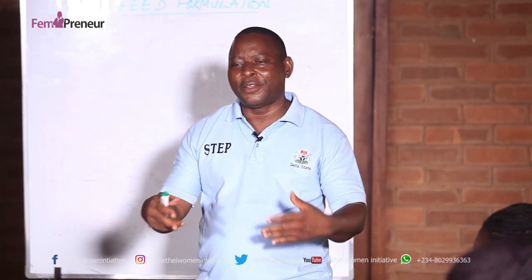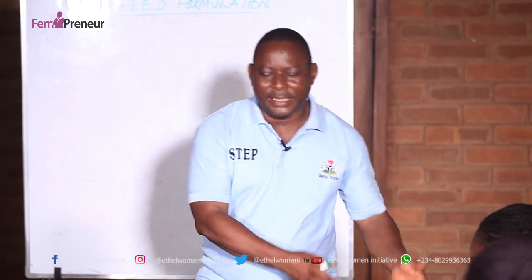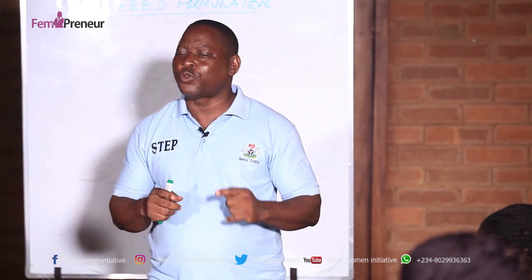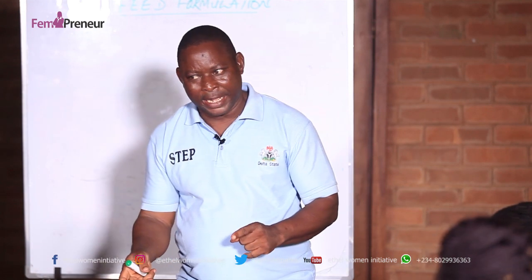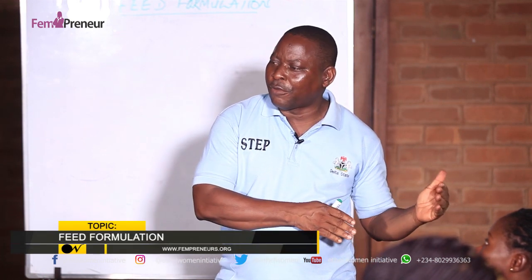I want to formulate feed for this animal. I want to formulate for animal B or animal C. You have to consider the protein content, which we now call the crude protein in that raw material, and then the energy level, which is a function of the carbohydrate. Are you with me? Yes, sir.